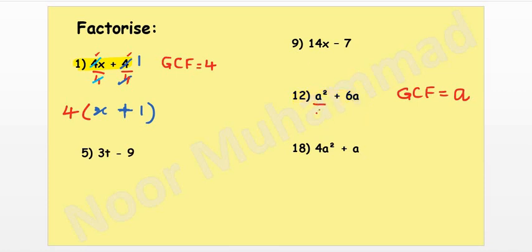Now this one will be divided by a and this one will be divided by a. How will you make the factors? You will write the GCF outside. This is the GCF. And then you want to check what is inside the bracket. Remember, in chapter 1 we did this type of question, like a squared divided by a.